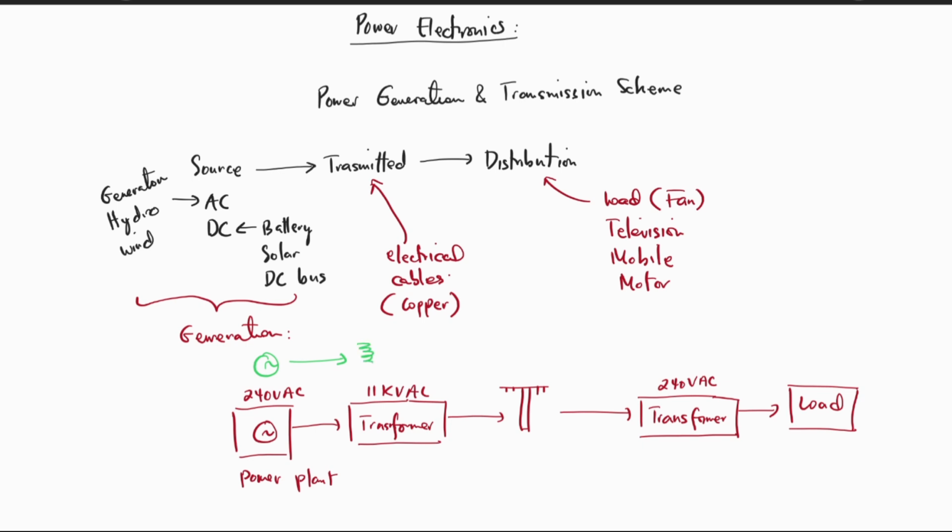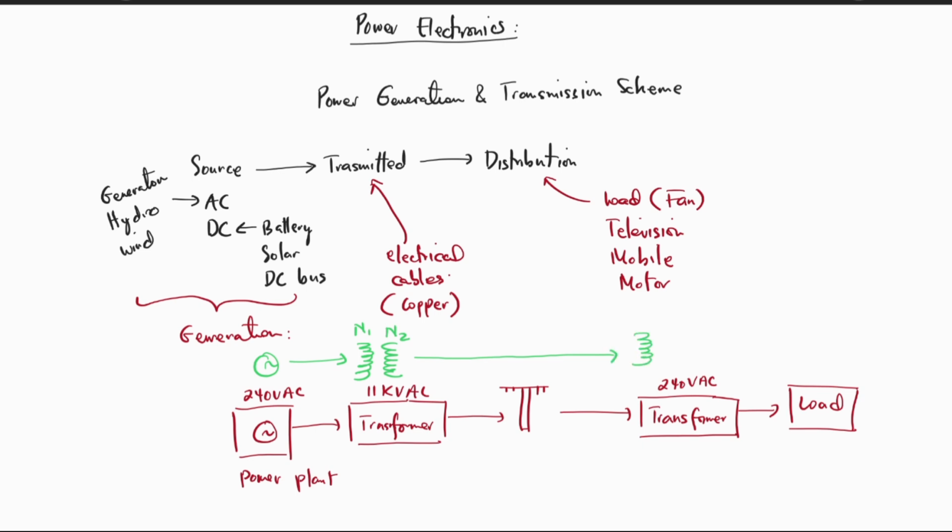And we can see that the power plant produces the AC, and then this AC is passed through a transformer. A transformer acts as an inductor, and it has the primary side and the secondary side. And the output is also AC, and this AC will pass through the electrical lines to another transformer.